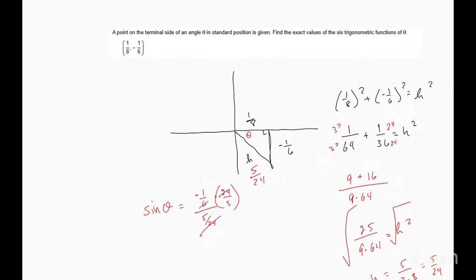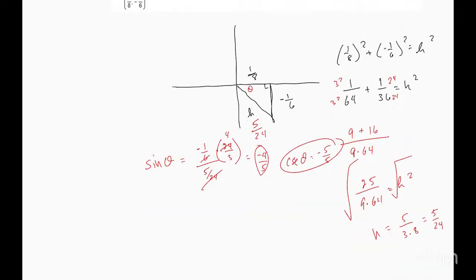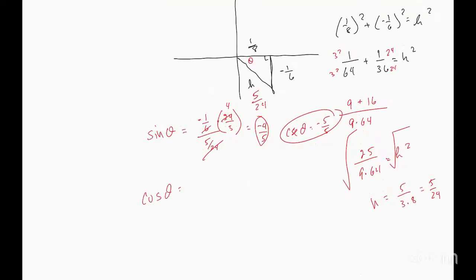And that would mean that the cosecant would be 5 over -4, -5/4. So we got those two. Okay, the cosine of that angle is going to be the adjacent, 1/8 times the reciprocal. Cancel, cancel, 3. That's 3/5. And the secant would be 5/3.